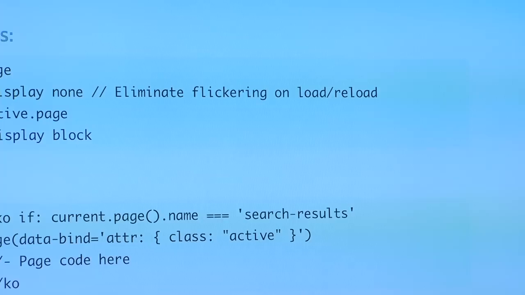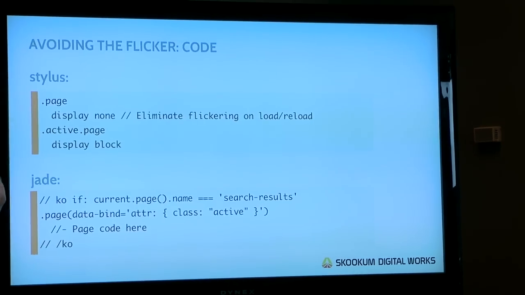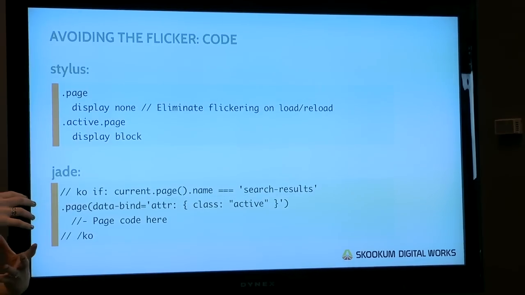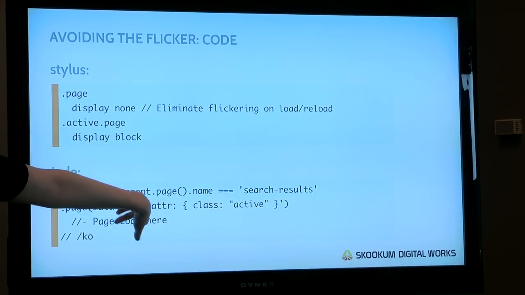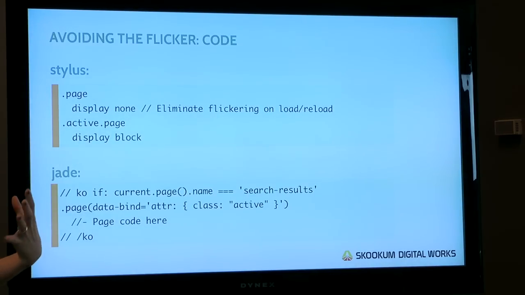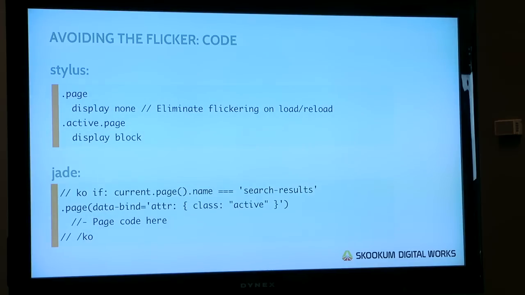So the way to get around that is I just like to set the page or whatever your container element is to display none, so it's hidden by default. And then we use the data binding to toggle a class on that container so that once your data bindings are initialized, only the correct page will show, or the correct div or element or whatever you're trying to show.